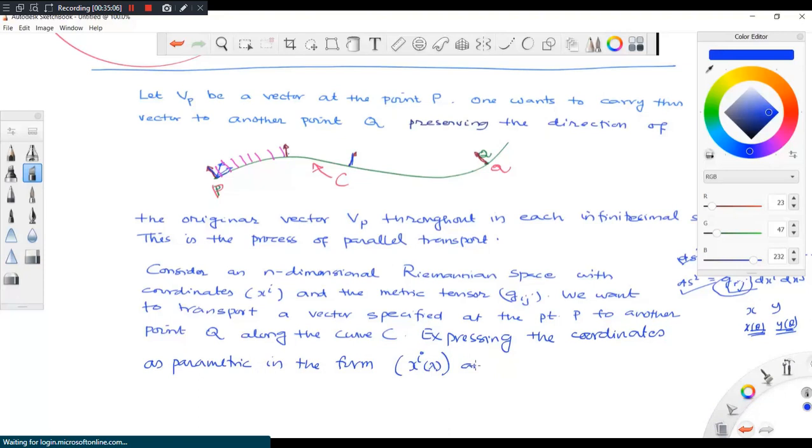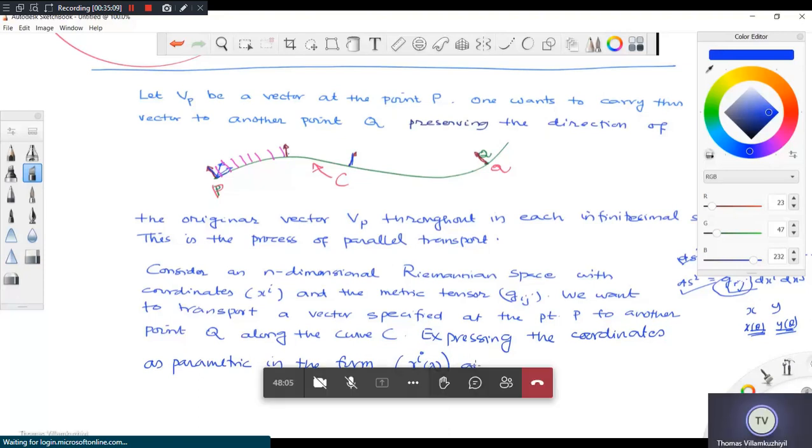Locally, each component will change at each point. So now I take the derivative, differentiating with respect to lambda.